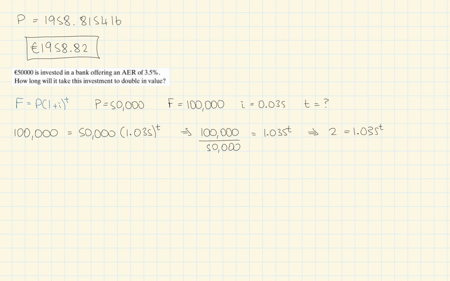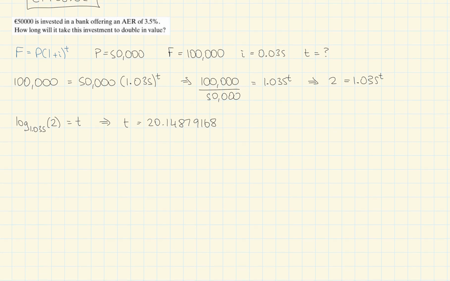I have an unknown power, so that forces me into using logs. So we get log to the base 1.035 of 2 equals t. Enter it into your calculator. So we get 20.14879168, and we'll go for 2 decimal places, so 20.15 years.